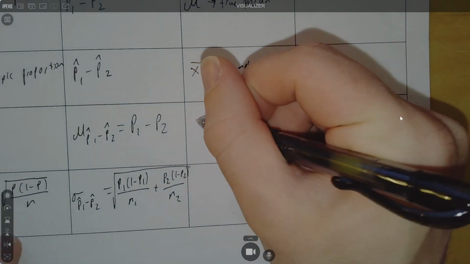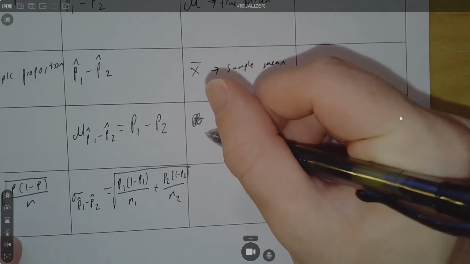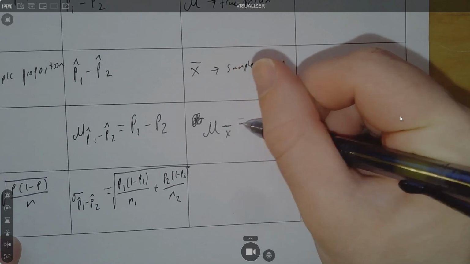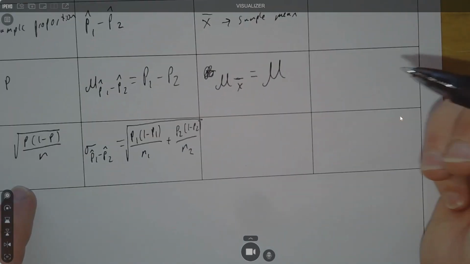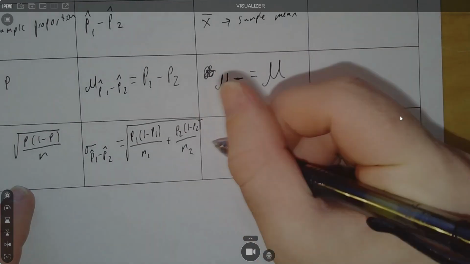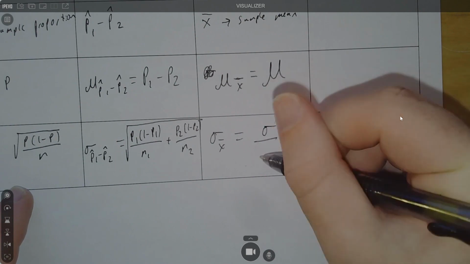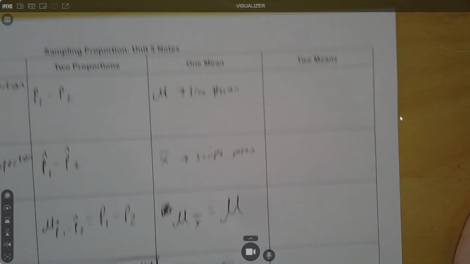The mean of the sampling distribution is equal to the population mean, mu. And the standard deviation of the sample mean is equal to the original standard deviation divided by the square root of n. Okay. Last one for two means.